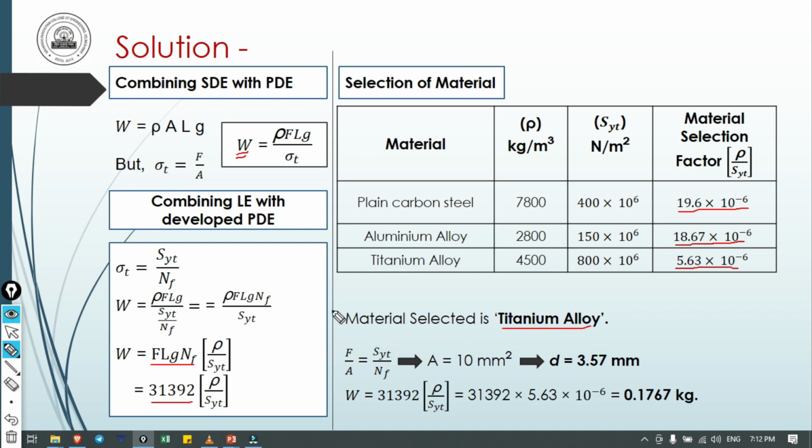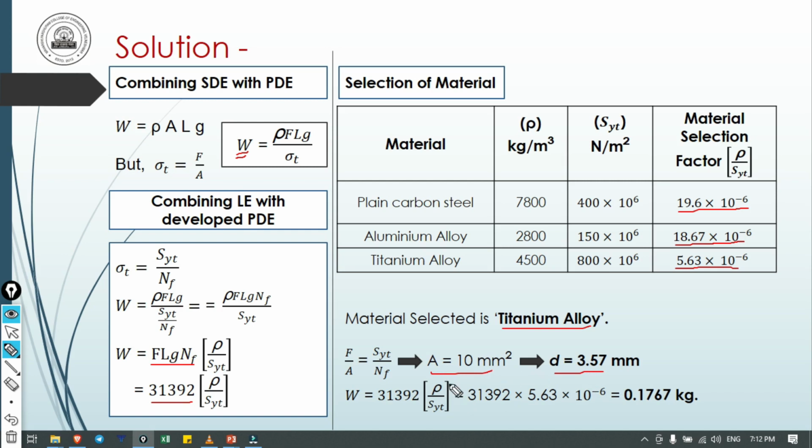Again, from subsidiary design equation SD, sigma T is equal to F by A, and from the limit equation, sigma T is equal to SYT by NF. If we compare these two equations, we will get area as 10 mm square, and based on that, diameter for the bar will be 3.57 mm.